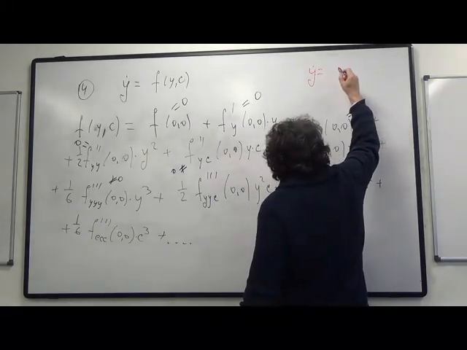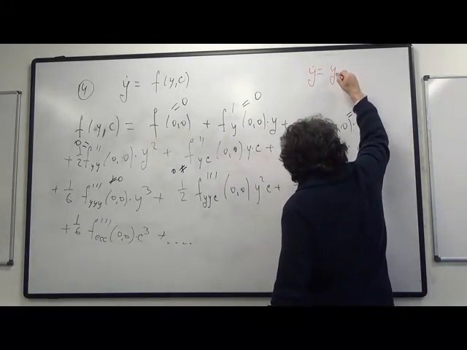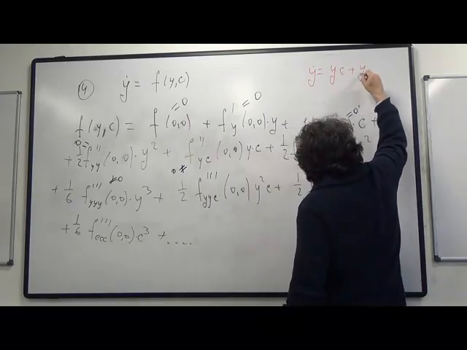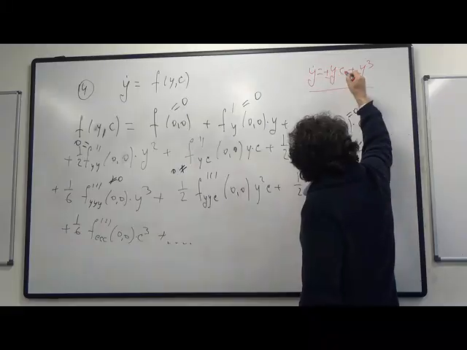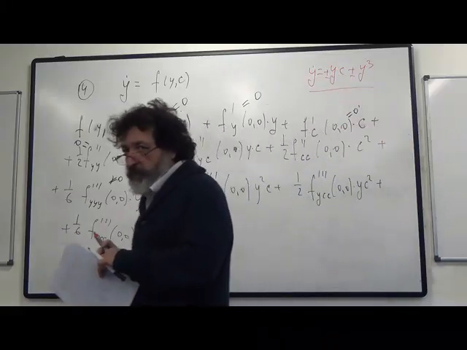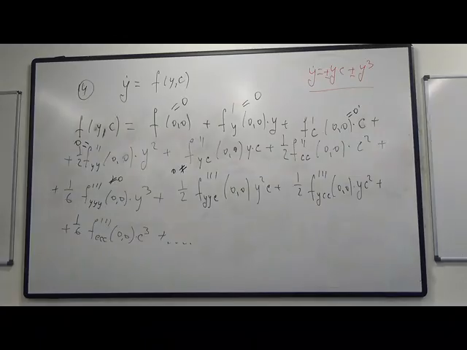Y dot equals to yc plus yq, something like this. We can put here plus minus to make it normal form, but it's generally independent of these signs. It is how it looks.